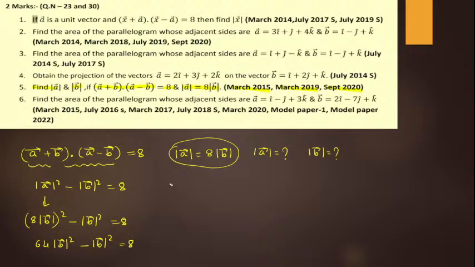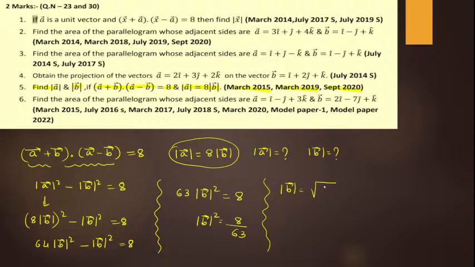64 minus 1, 64 times magnitude of b square minus magnitude of b square will be 63 times the magnitude of b square, that is equal to 8, or magnitude of b square equals 8 divided by 63, or simply magnitude of b will be square root of 8 by 63.